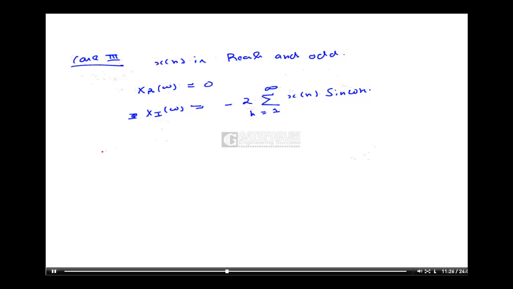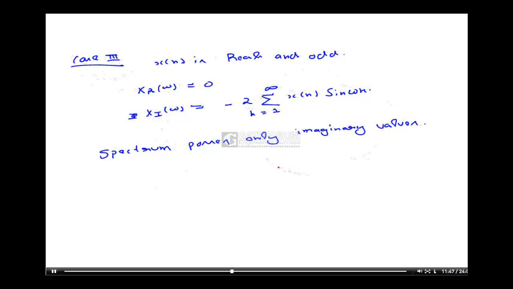Thus, the spectrum possesses only imaginary values. Okay. So when the signal is real and odd, the spectrum is completely imaginary.